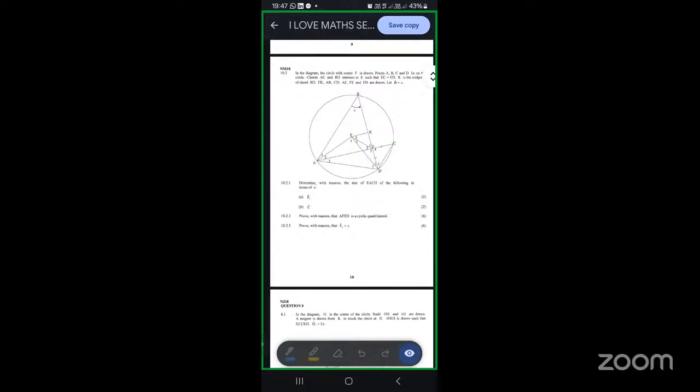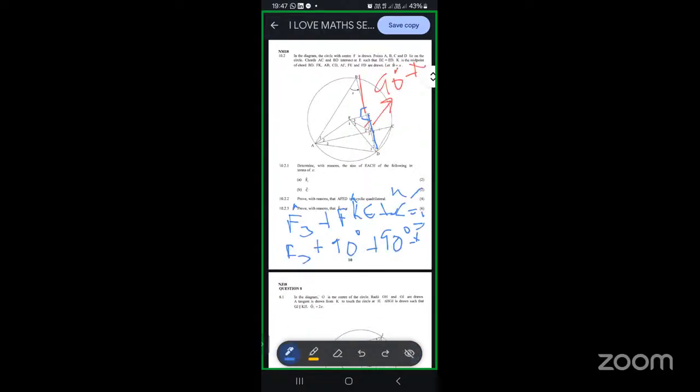Then F3 plus 180 degrees minus x is equal to 180 degrees. Then F3 will be equal to 180, transposing this to the other side, it will be negative, therefore they will cancel out. I transpose this negative x to that side, and then it will give me x. Now I have proved that angle F3 is equal to x.